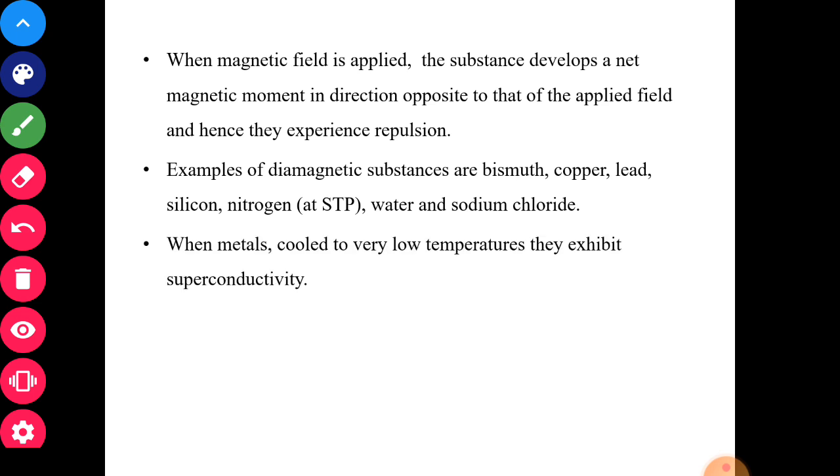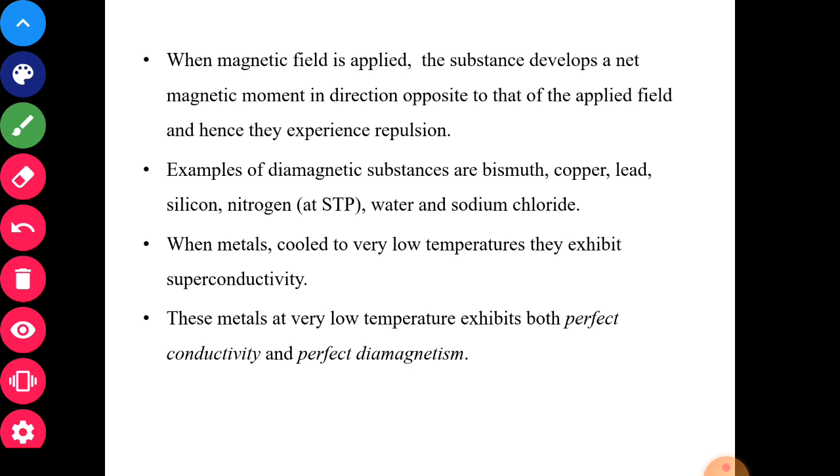Now when metals are cooled to very low temperature, they exhibit superconductivity. You have to remember this, or at least understand it. Whenever a metal is cooled down, its resistance reduces, and if it is cooled below a certain critical temperature, it behaves as a superconductor. Superconductivity is a phenomenon exhibited by the metal at a temperature below some critical temperature.